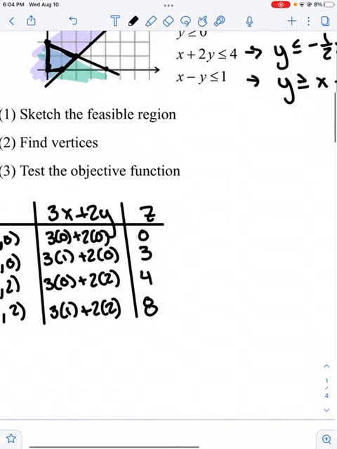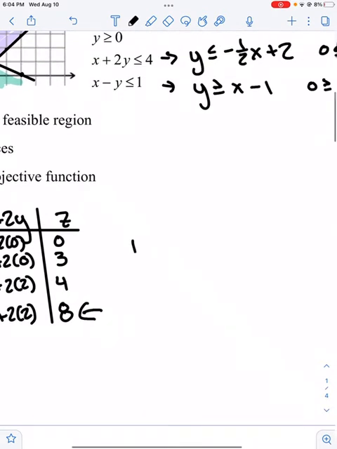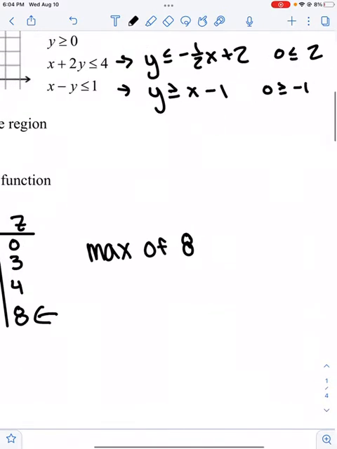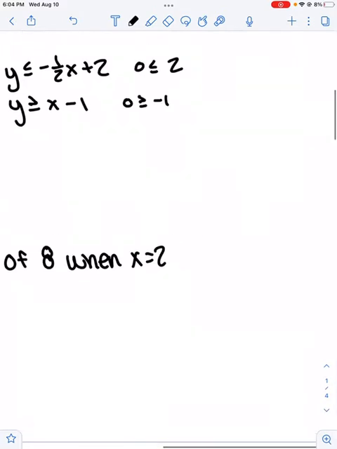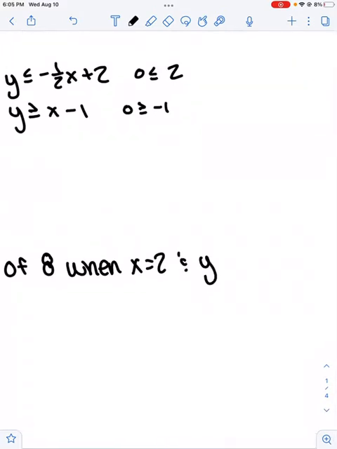So our max is 8, when x equals 1 and y equals 2.